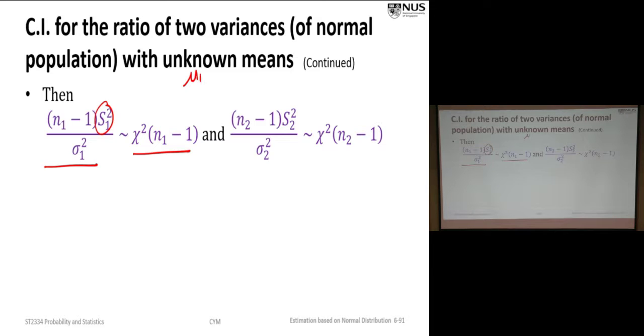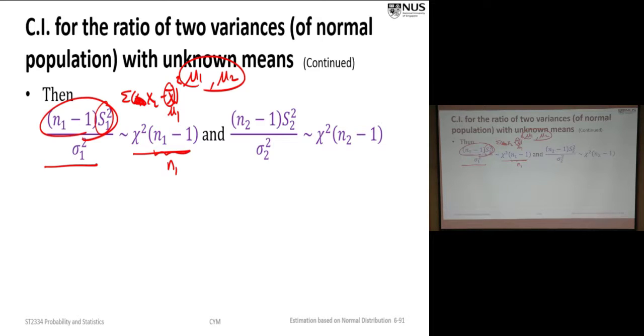If mu1 and mu2 are known, which may not be practical, then you just have to modify it. Instead of the numerator being summation xi minus x bar square, if these are known, you just replace x bar by mu1, and then the degrees of freedom becomes n1. So that is how you do it.